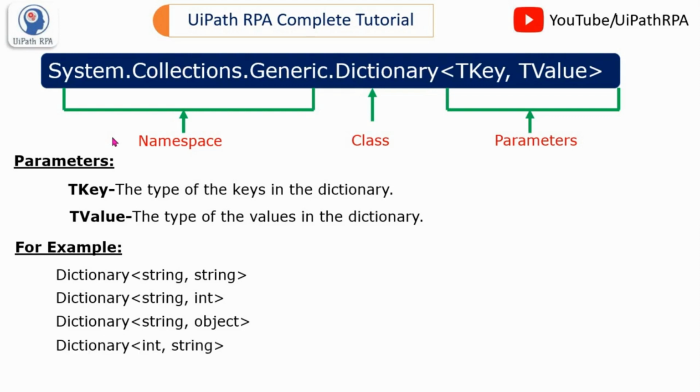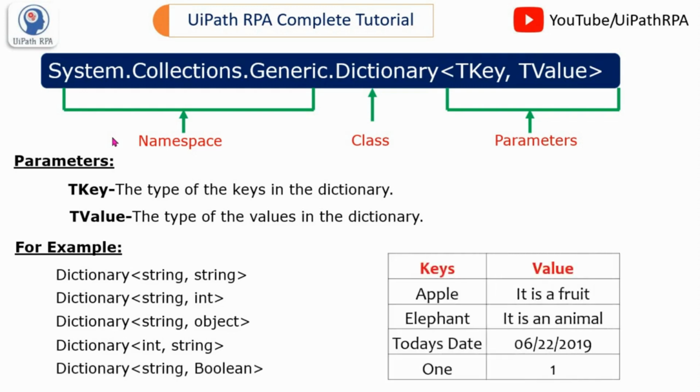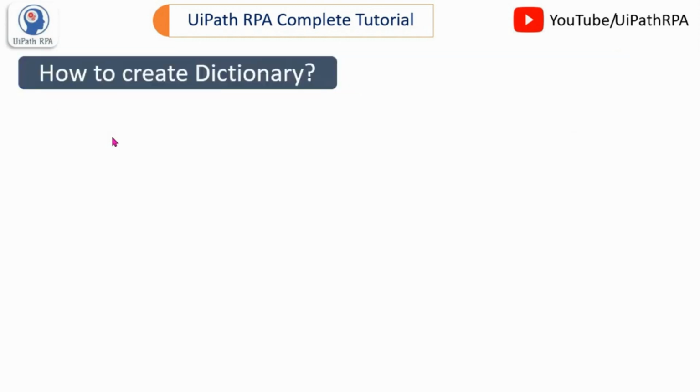We can take key as an integer and value as a string, or key as a string and value as a boolean. So we have lots of data types we can use in the dictionary. Here in the keys we have string, and on the right side we have string, integer and date also.